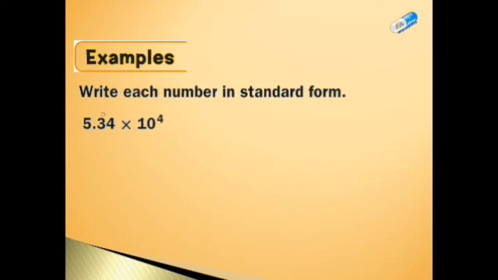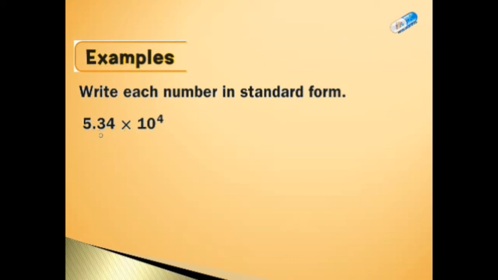Now the other way around, write each number in standard form. Here you are given the scientific notation of the number and you are asked to write it in standard form. So where do I move the decimal point if I have 10 to the power of 4? This means that I will move the decimal point 4 places.